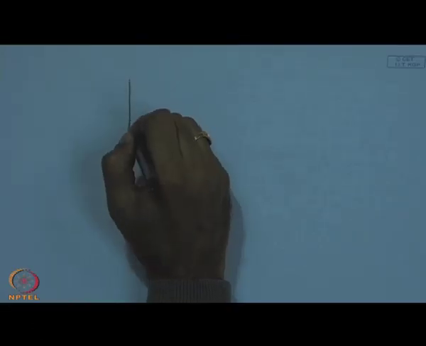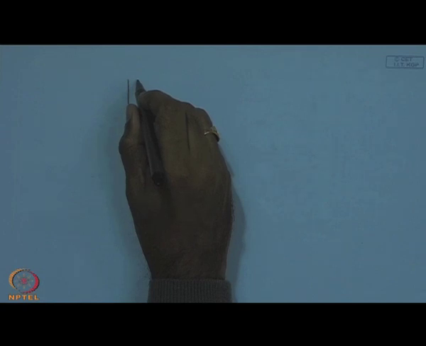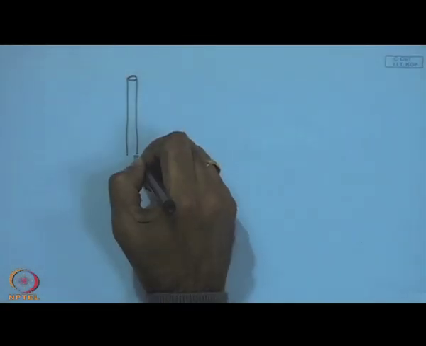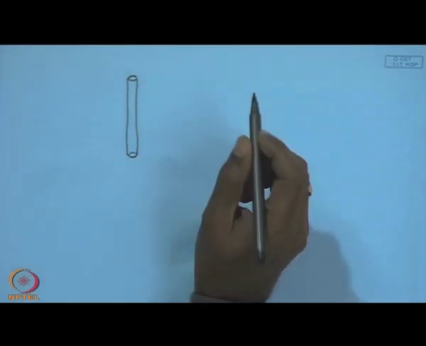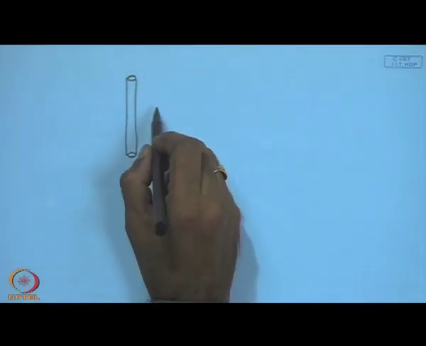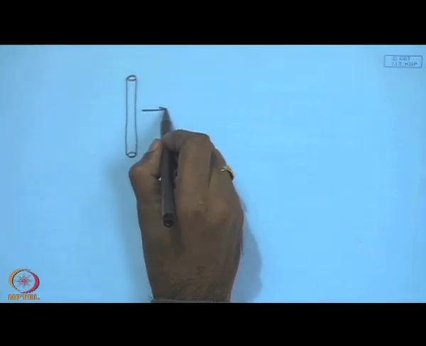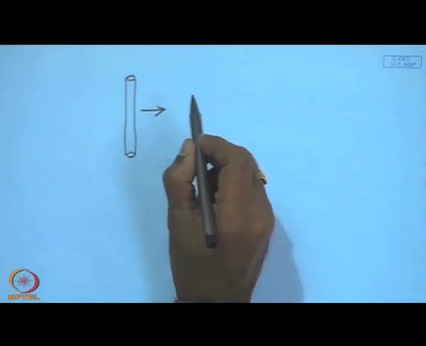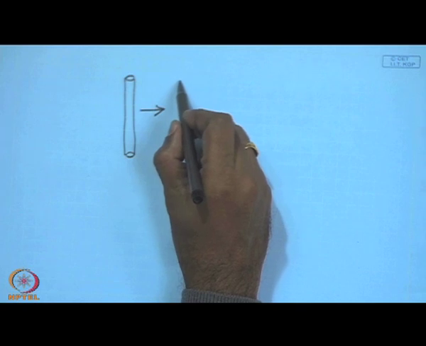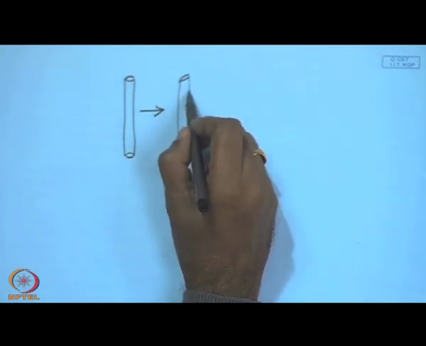We take a tube with circular cross section. Then flatten the tube to change the cross section of the tube from circular to elliptical.